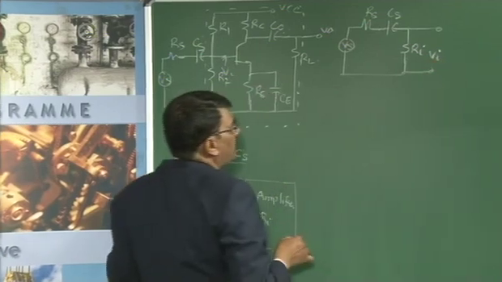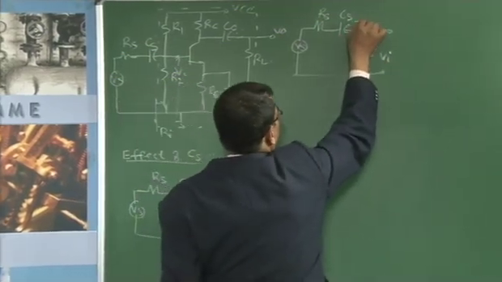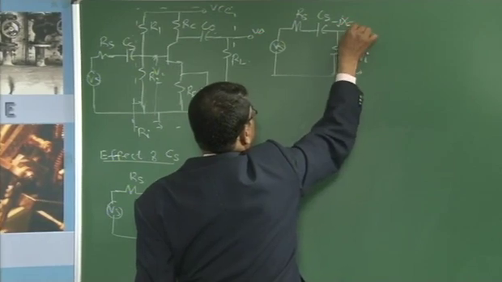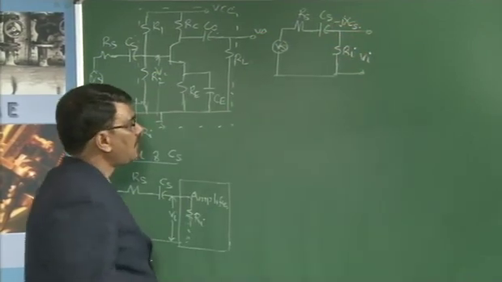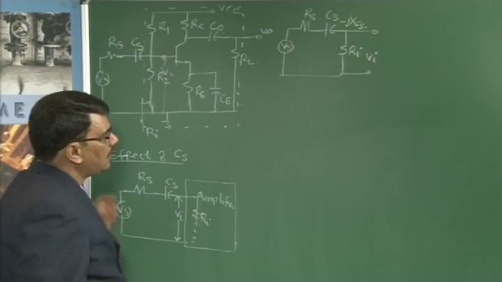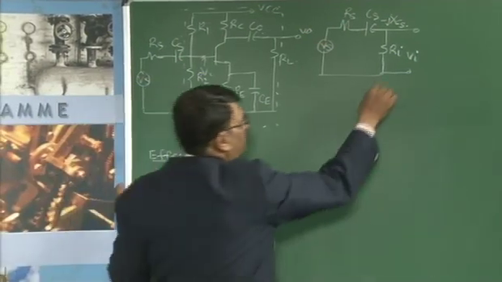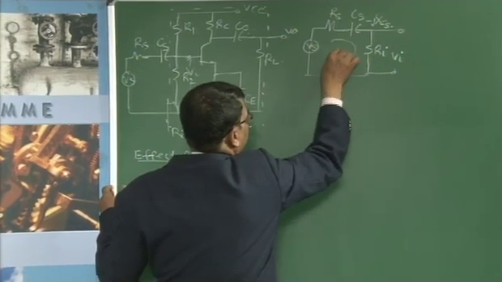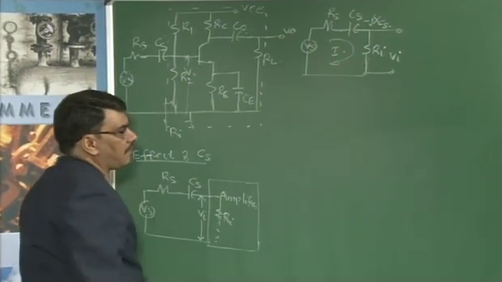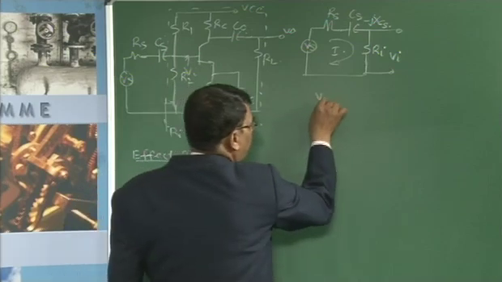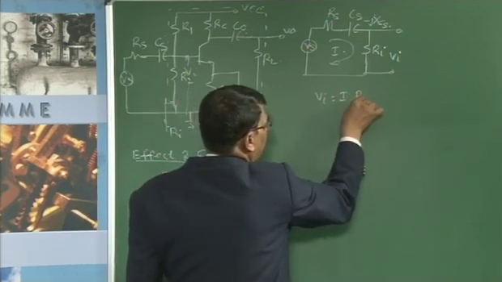For determining Vi, CS is replaced with a reactance minus jXCS. The input voltage is Vs and the output voltage is across Ri. Applying KVL, the current flowing through this is I, then Vi is equal to I into Ri.